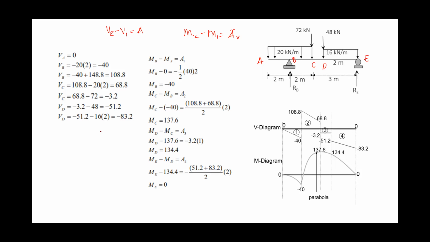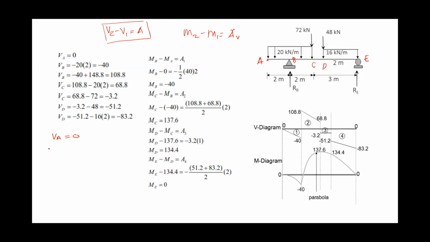So, unahin natin. At this point, kapag free end, ito yung reaction. This is free end. Sa free end, ang shear mo dyan sa A is equal to 0. Tapos, ang shear mo sa B, di ba? Ito yung ating equation.